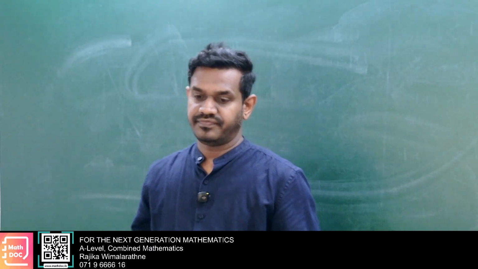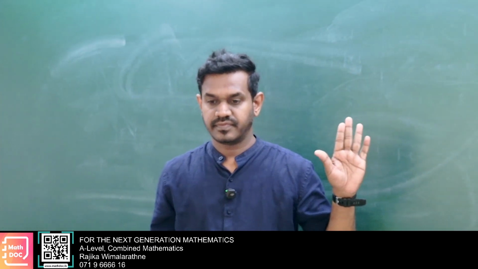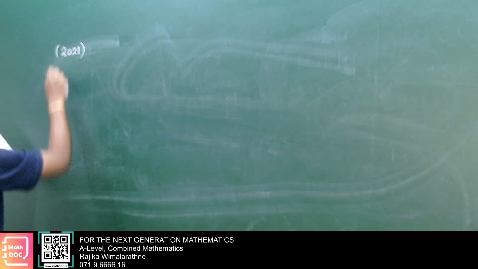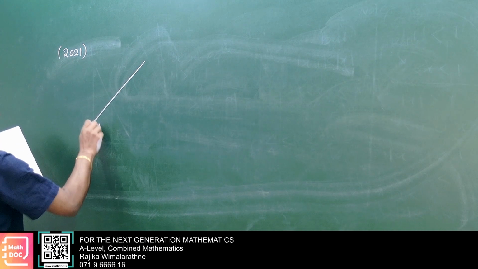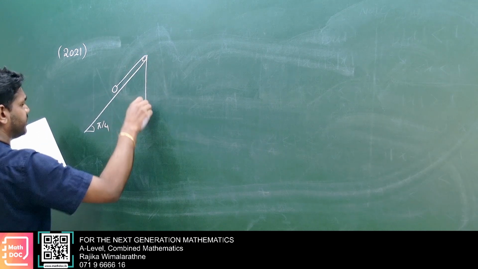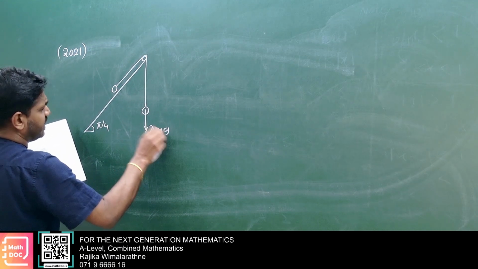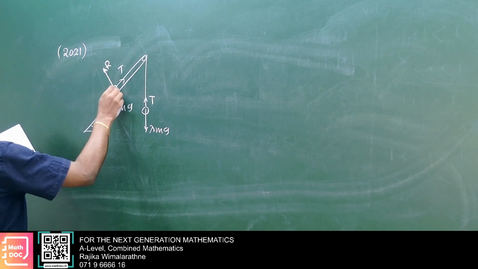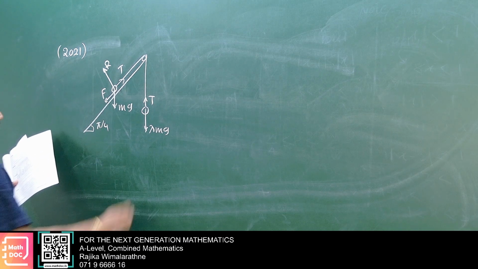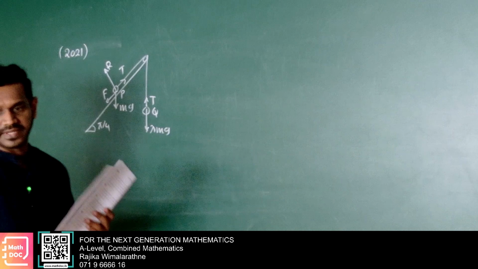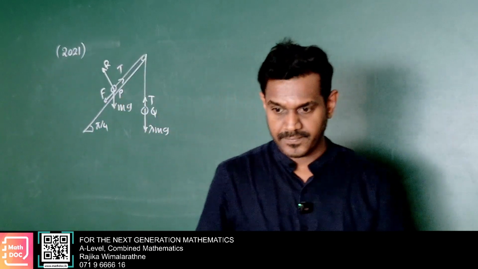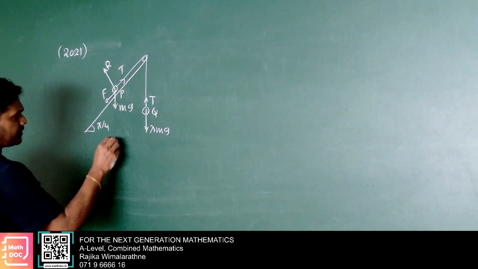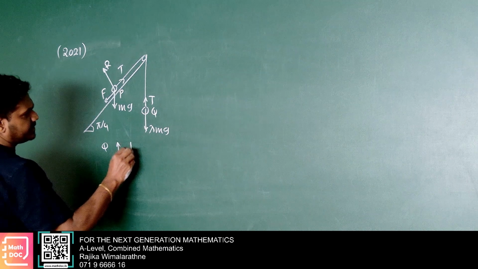Go to 2021. Here the figure. Lambda mg, tension T, mg, R, F. Here Q and P. Then Q vertical forces T equal lambda mg.